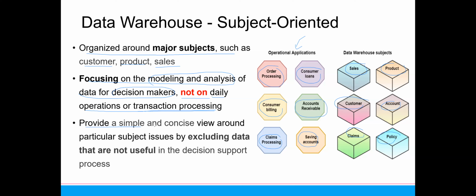It provides a simple and concise view around particular subject issues by excluding data that are not useful. Exclude means not include. So if it is not important, we will remove it.